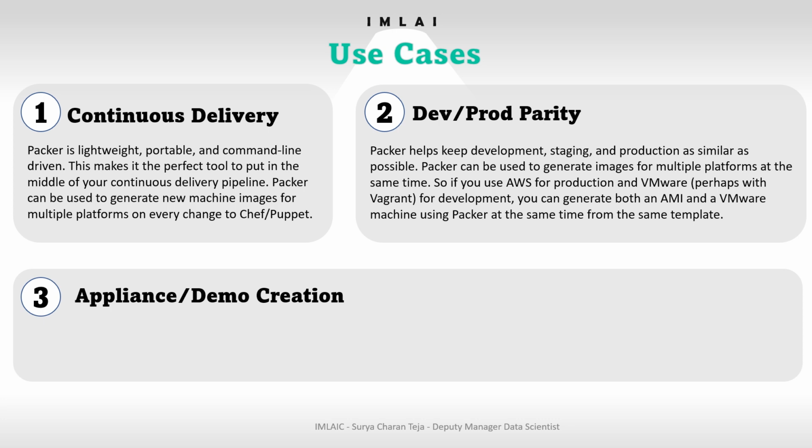Packer can be used to generate images for multiple platforms at the same time. So if you use AWS for production and VMware, perhaps with Vagrant, for development, you can generate both an AMI and a VMware machine using Packer at the same time from the same template.